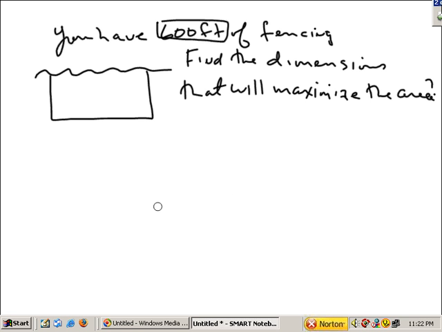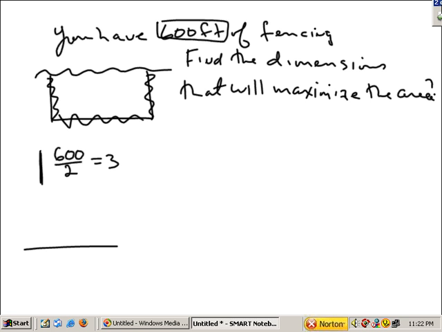And the way to do this is, you are putting fencing up in 2 directions. You have fencing going up and down like this piece and like this piece. And you have fencing going horizontal, like this piece here. Well, half of the perimeter goes for up and down. 300 feet are going to go up and down.